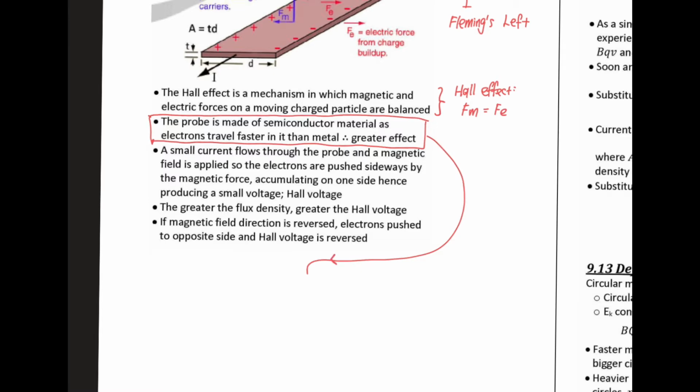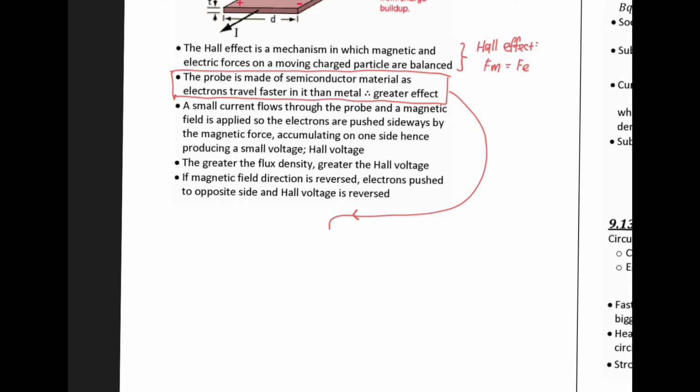If the probe is made of semiconductor, I put it on the left, semiconductor, compared to metal, because the second point is talking about metal and semiconductor. So first of all, let's see the difference.